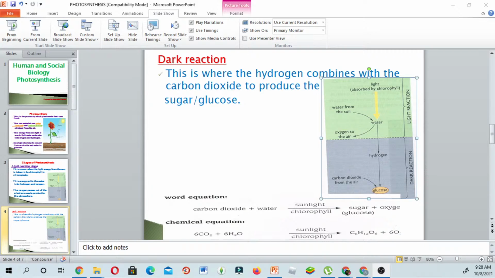What they are saying is that plants cannot just get the hydrogen out of the water like that. The energy from the sunlight is what is needed to split up the water, break up the water, so the hydrogen can be separated from the oxygen. So that's the benefit of the sunlight.